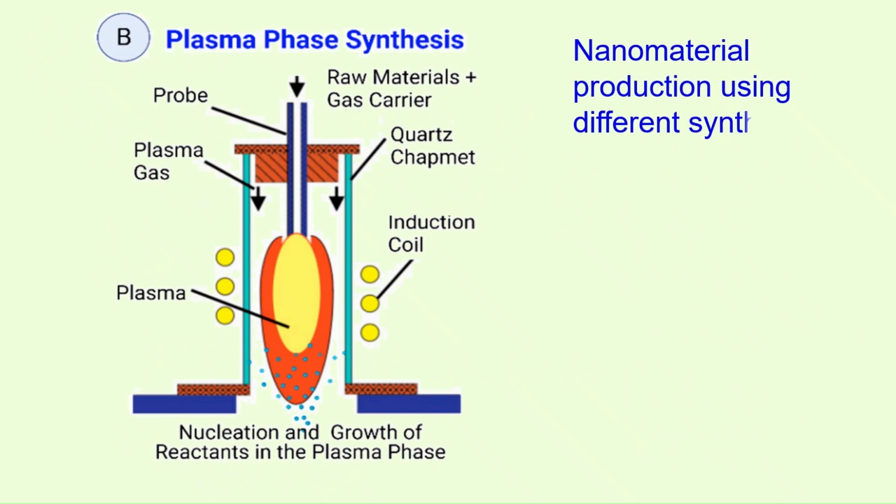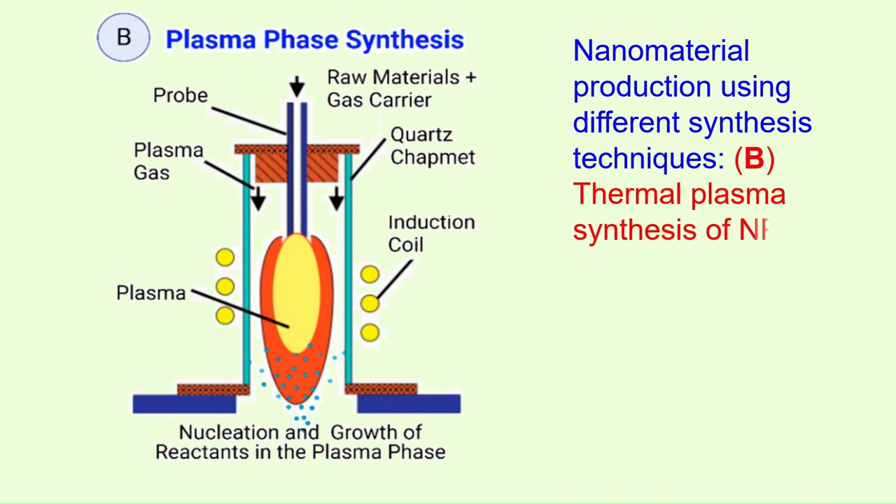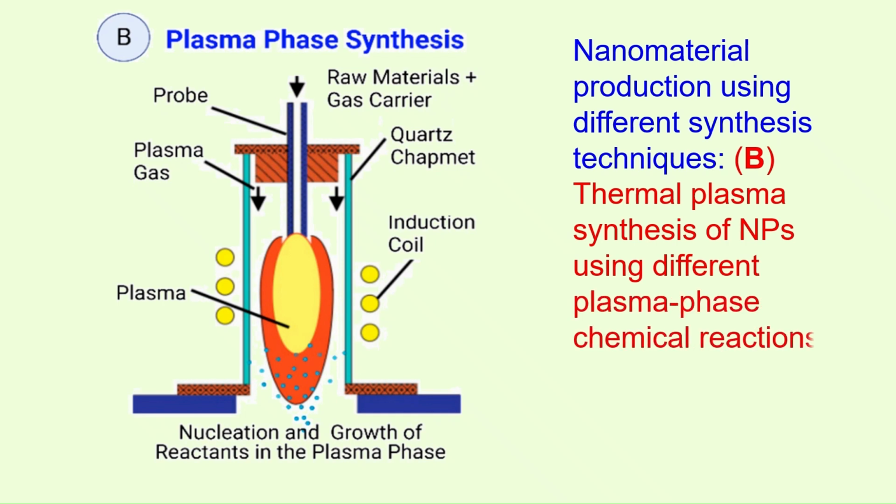Nanomaterial production using different synthesis techniques. B. Thermal plasma synthesis of nanoparticles using different plasma phase chemical reactions as bottom-up approaches.